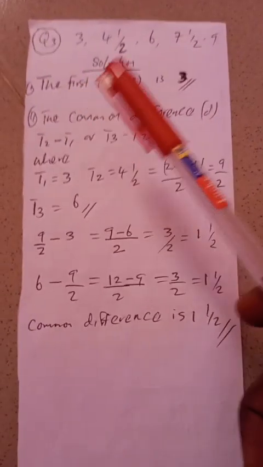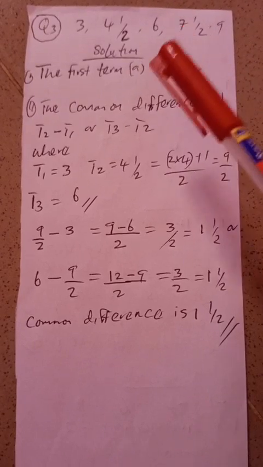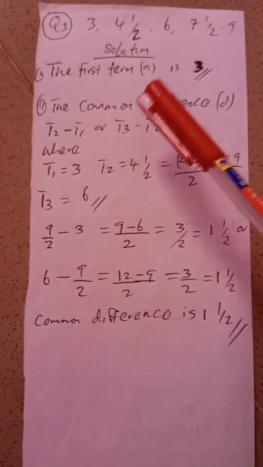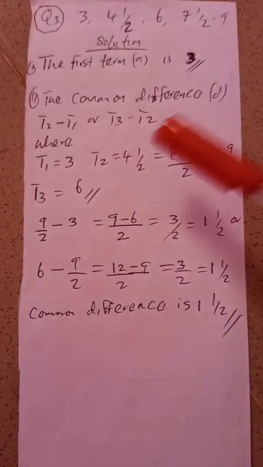Okay. Then the last one, which is the one in fractional form. We have 3, 4 whole number 1 over 2, 6, 7 whole number 1 over 2, and 9. Solution, the first term A is 3 because 3 is the first term. How do we find the common difference D?